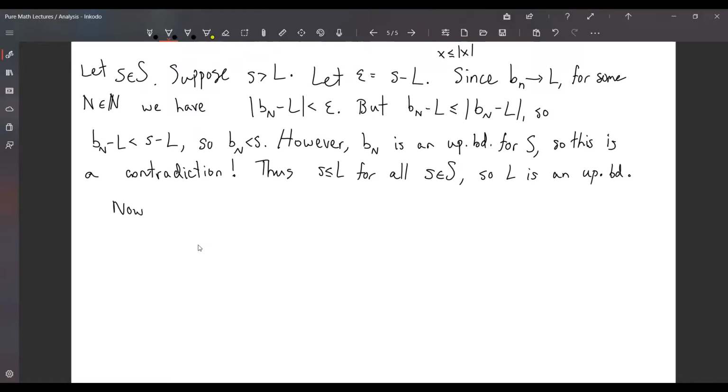Now let L prime be less than L, and let epsilon be L minus L prime.